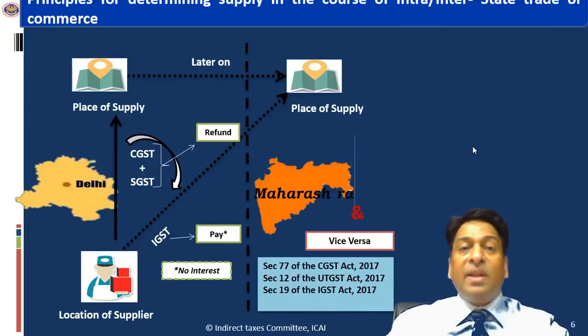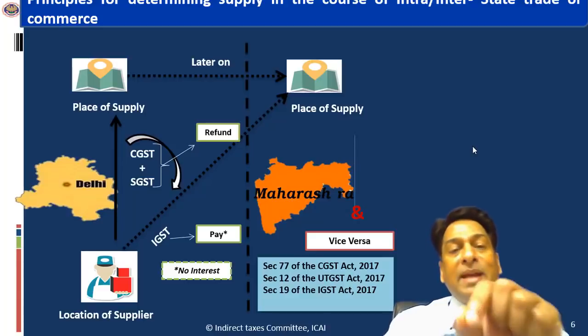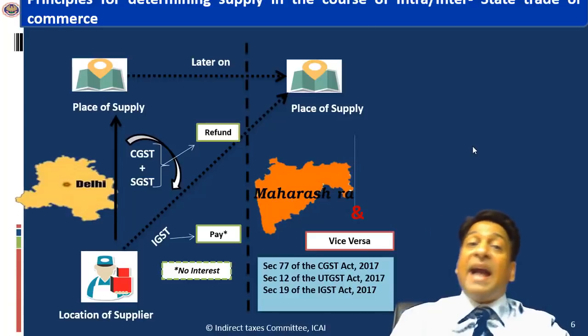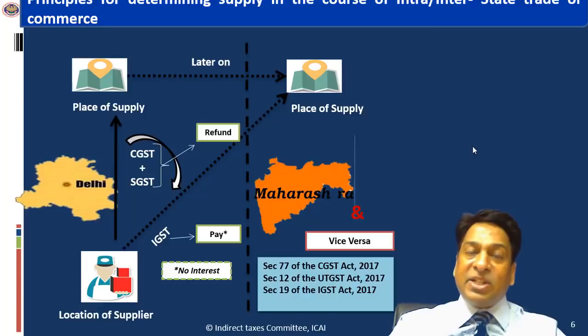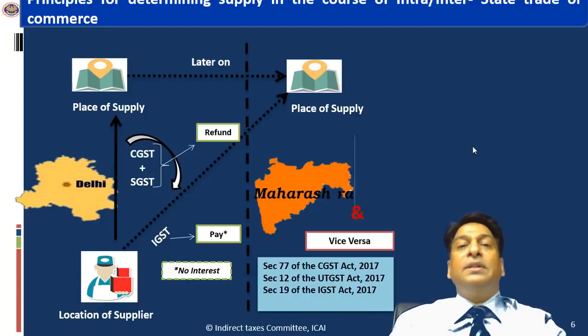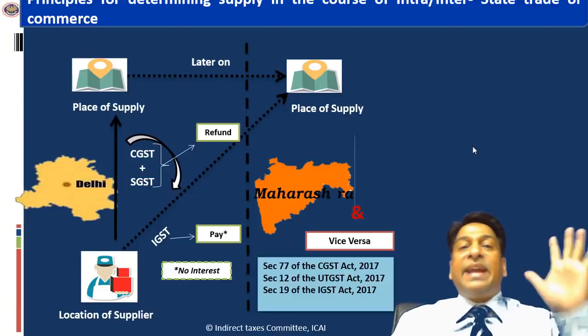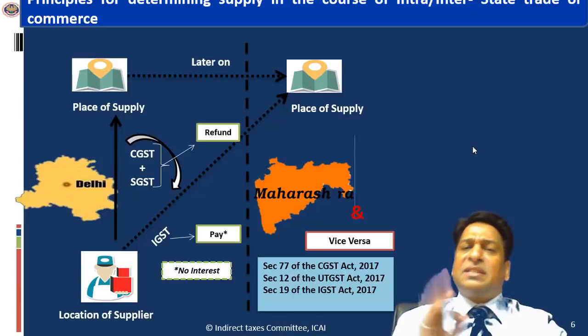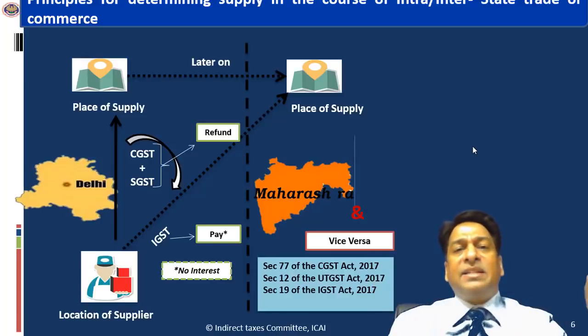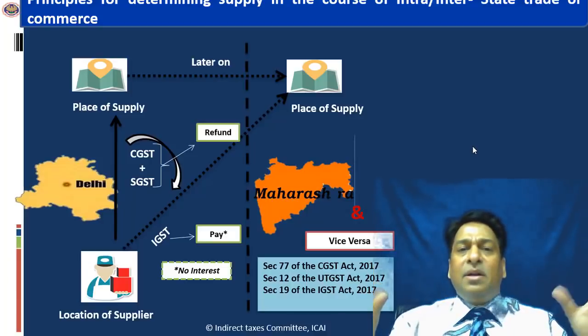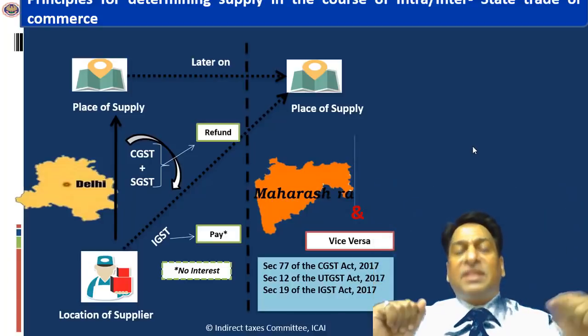In this case, if the transaction turns out to be interstate, IGST should be paid to the government. You have charged and paid CGST and SGST, so you have to go for refund of CGST and SGST. Section 77 of the CGST Act clearly says that if any taxes are wrongly paid, then you have to go for refund of the same.